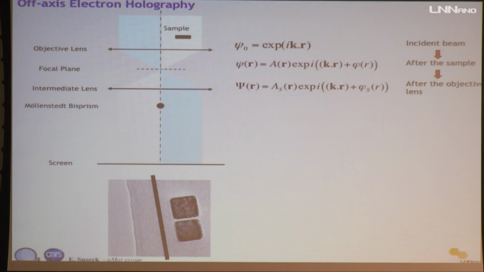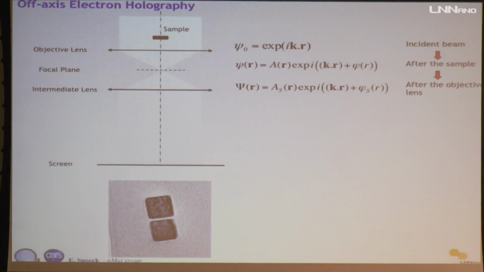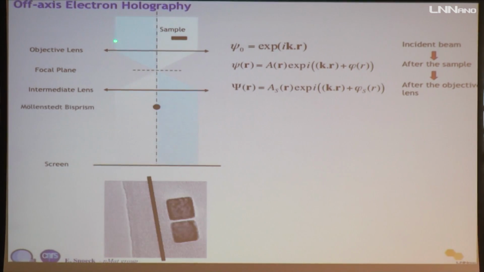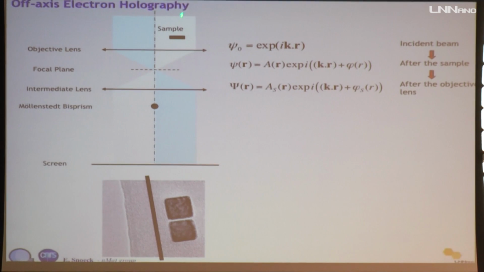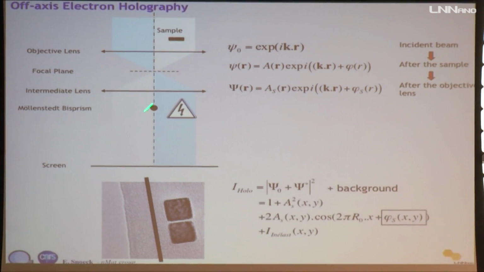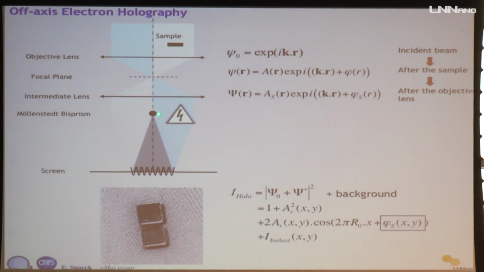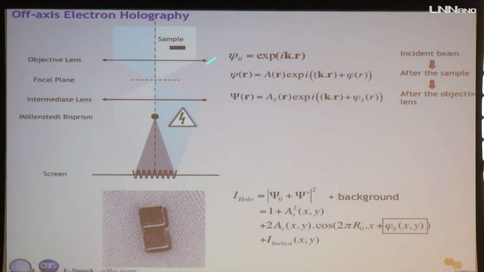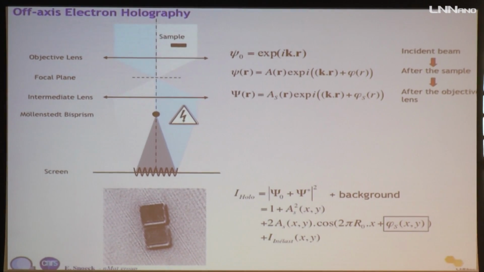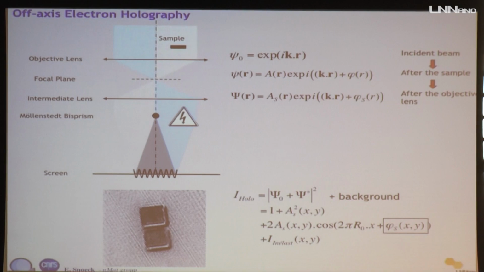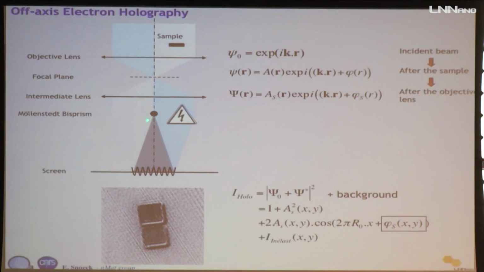And the way to do that is, okay, you imagine your column as well, and then you split the beam in two parts. One is passing in the vacuum, one is passing through the sample. And then with this biprism, which is what I explained to you rapidly previously, just a little wire that you polarize there in the column.